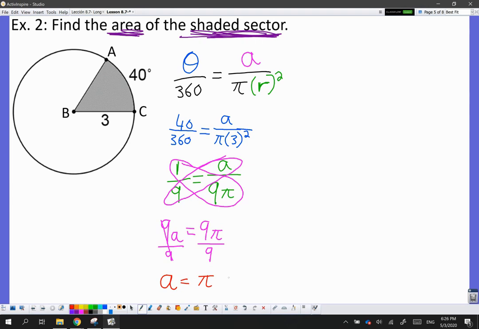A is equal to pi. And of course, we all know the decimal approximation for pi is 3.14. So either of those answers will work. But remember, I want you guys to practice the exact form, although decimal approximation will be accepted.